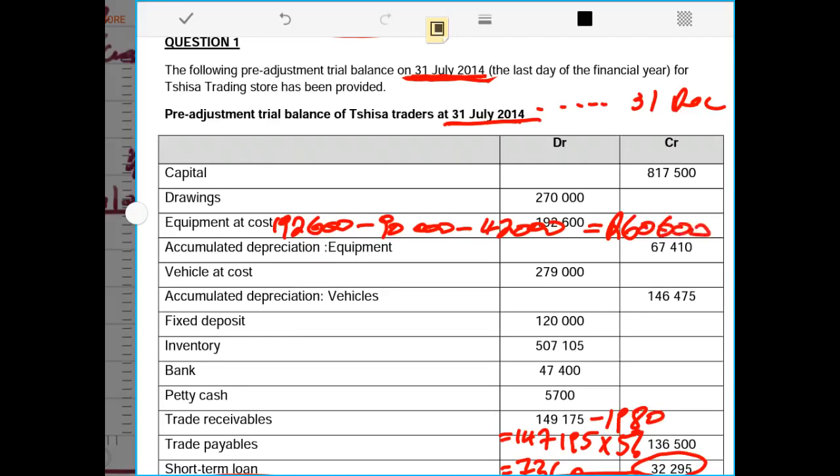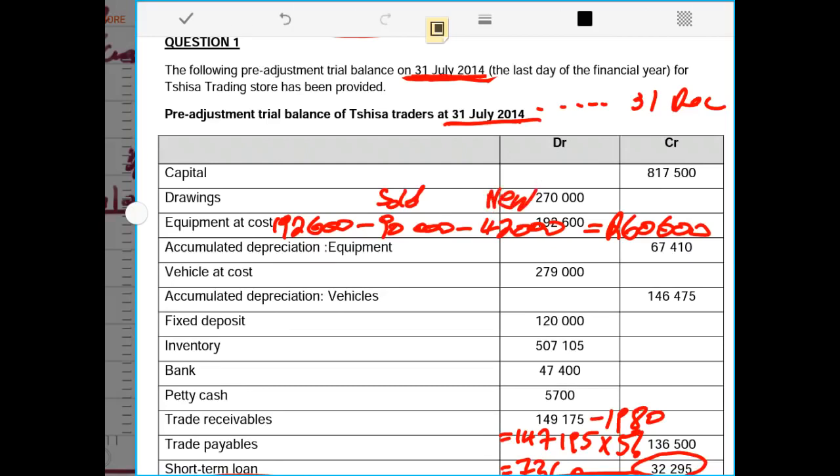After subtracting the sold equipment and the new equipment from the total cost, we still see that there are other equipments that were in the business.